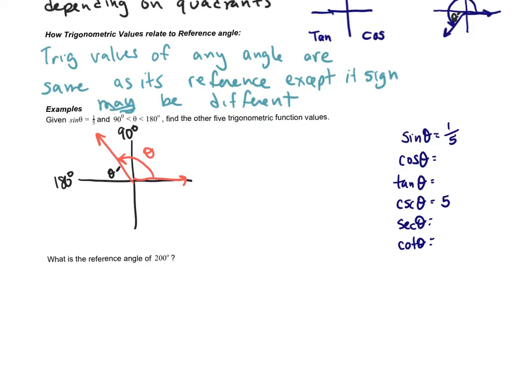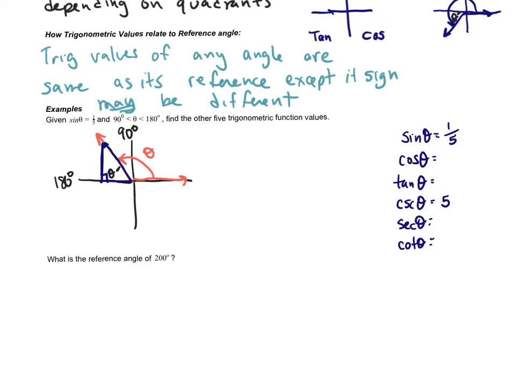So what we can do now to solve problems like that is, now that we know this is our reference angle, I'm actually just going to drop a vertical line straight down, and what you'll see is I have a right triangle that has my reference angle.